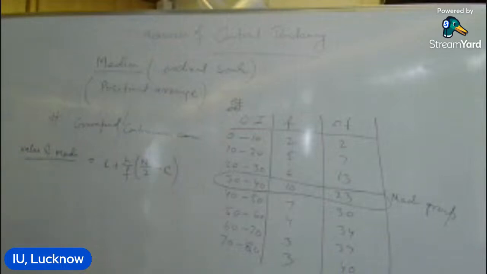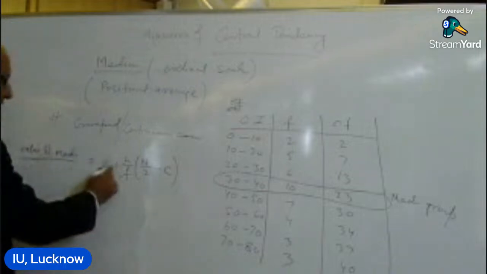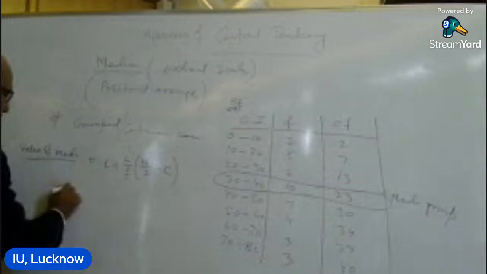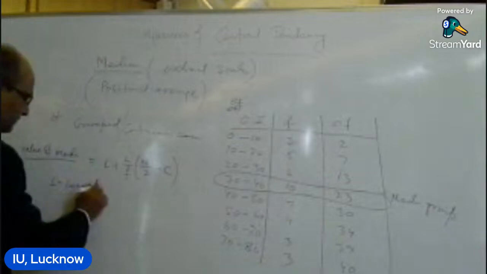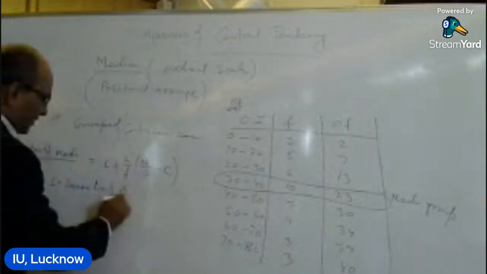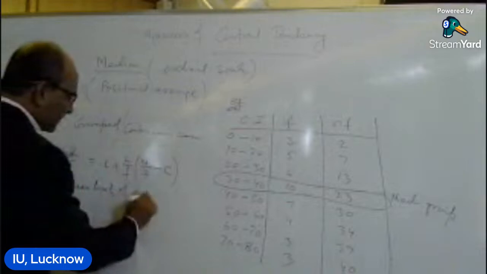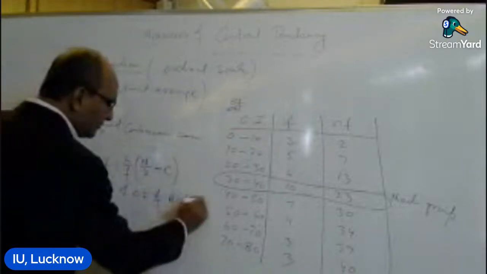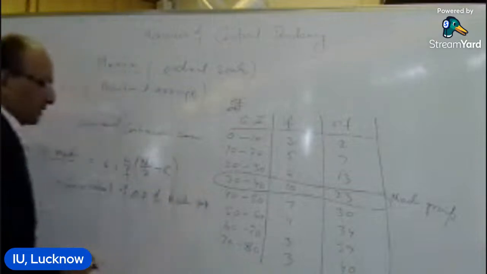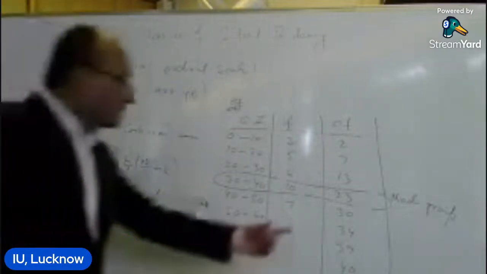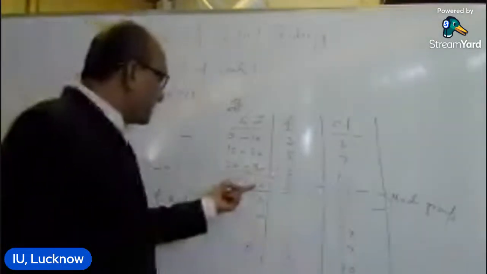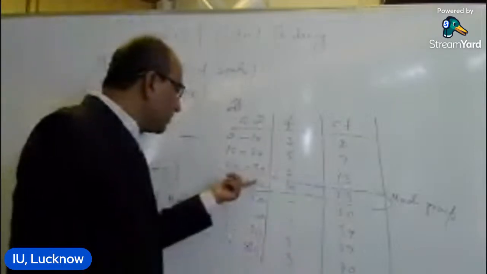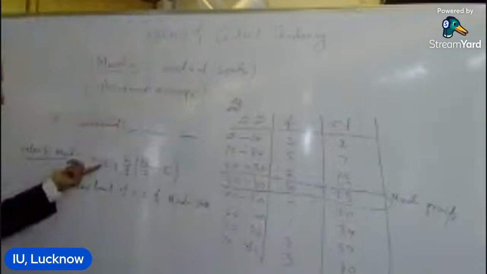So first we write here, L is the lower limit of the class interval of the median class. The class interval is 30 to 40, so the lower limit is 30. So of course L is 30.